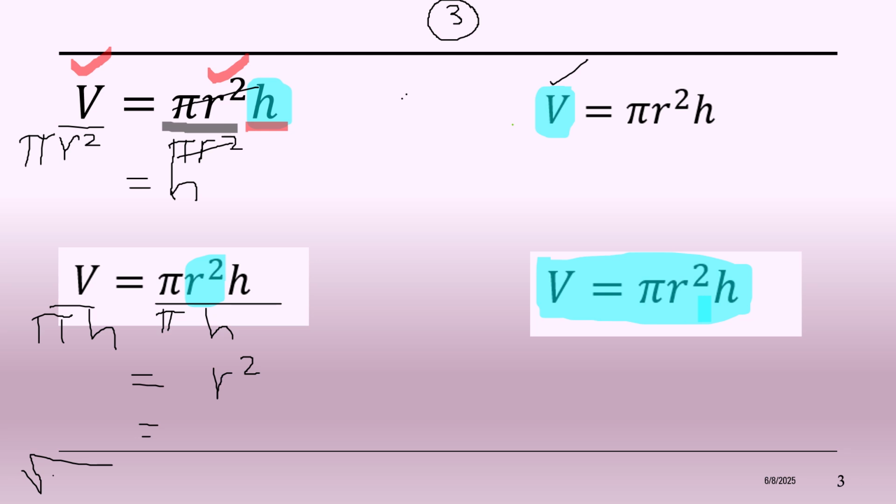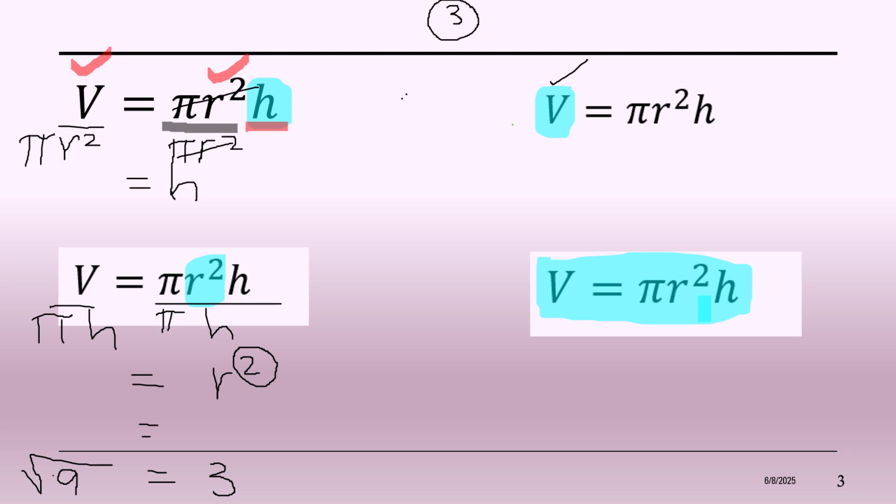For example, if you got the answer of 9, the square root of 9 will be 3. Because you're calculating r squared here, always remember you've got to find the square root. To find the square root, write your number, put your square root sign, and ask yourself, what is the square root of this number?